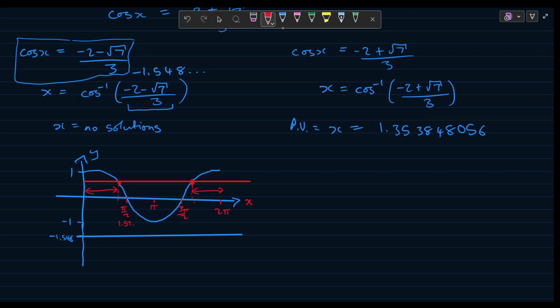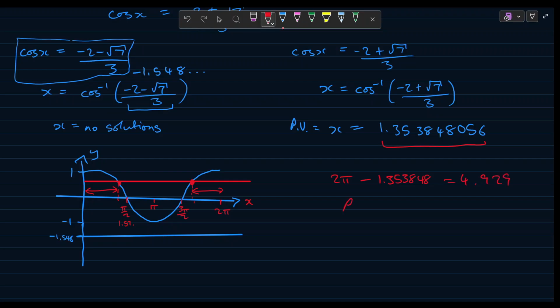So essentially, to get this point, we can say that it's just 2 pi minus our value here, minus 1.353848. And so what does that give us? This is 2 pi minus 1.353848. That's 4.929.